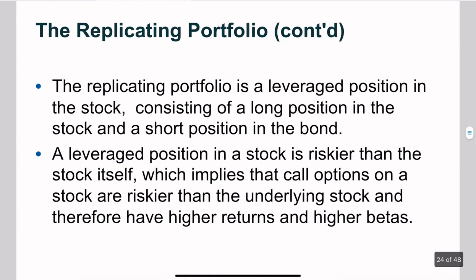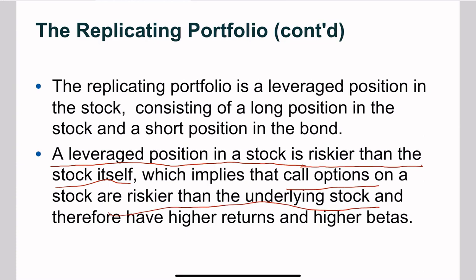So that's another interesting result. That is, a leveraged position is riskier than the stock, and because the call option is a leveraged position in stock, call options are riskier compared with the underlying stock.